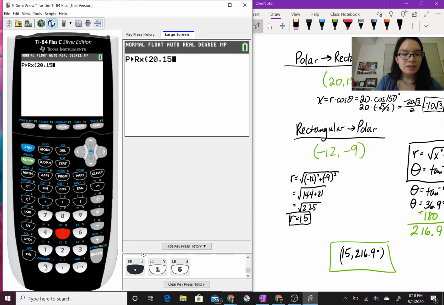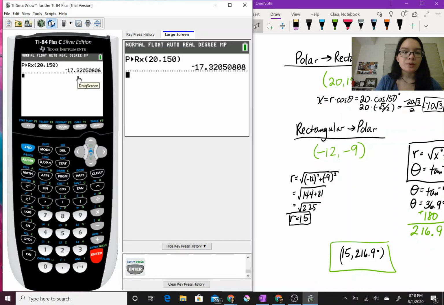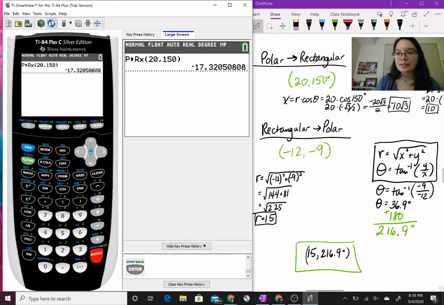So the calculator already knows that I'm putting in polar coordinates, as long as I put parentheses, have a comma to show the separate values, and then a close parenthesis there. So I have over here negative 17.32. What I had over here is negative 10 square root of 3. I can just put this here, and then I can see that it's going to be the same value. So that is the value that I had too.